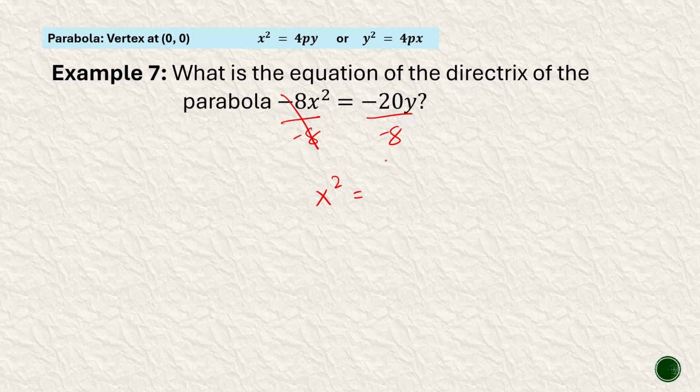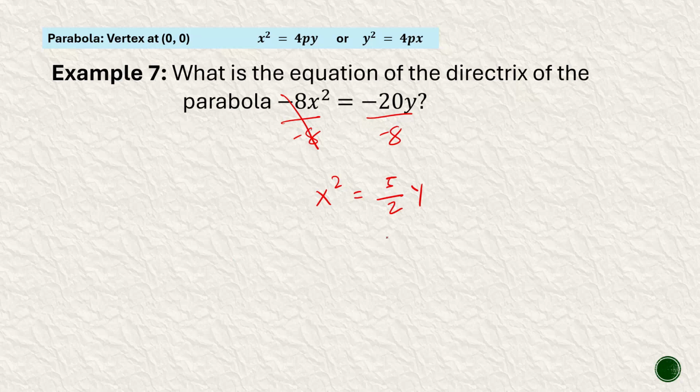So this is going to be 5 over 2, or 2.5.